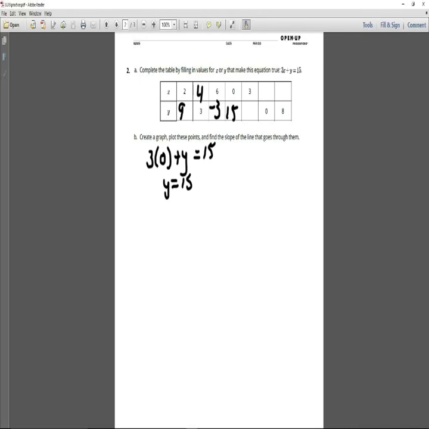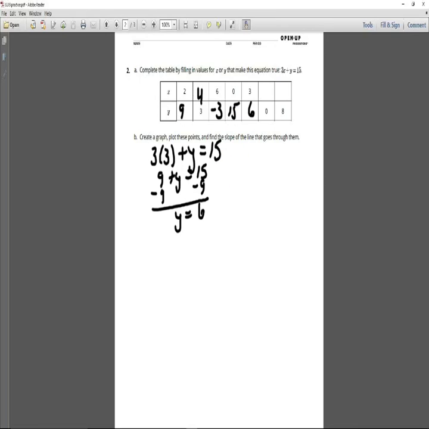On the next one, they're giving me a 0 in the x spot, and that makes it really easy to do because 3 times 0 is 0. So now this is gone, and all I have is y equals 15, and so I can put my answer there and move on. For the next one, they're giving me a 3 in the x spot, so I replace the x with 3.